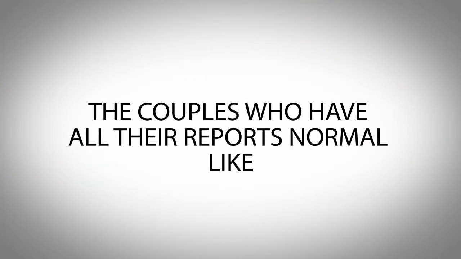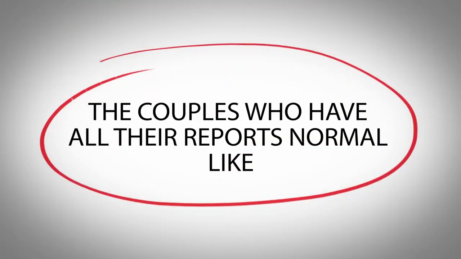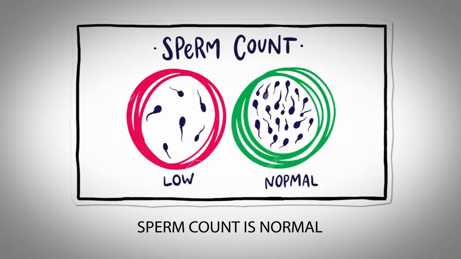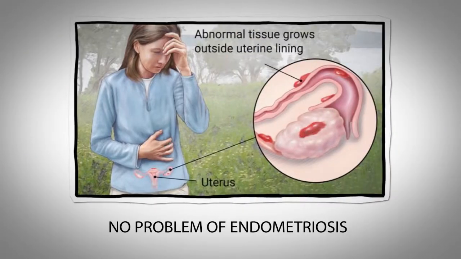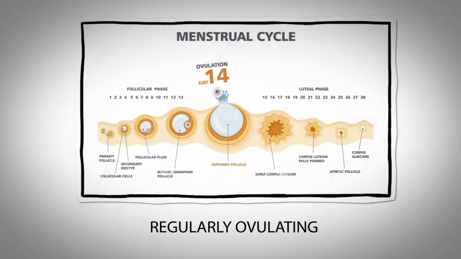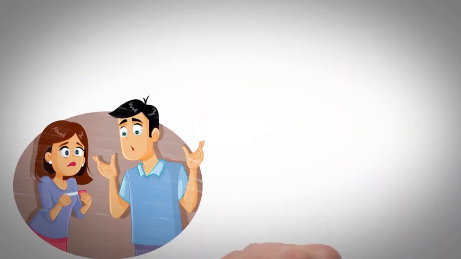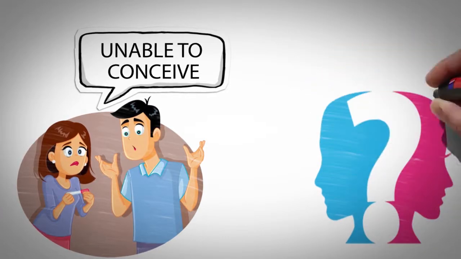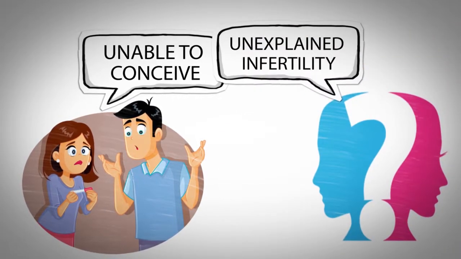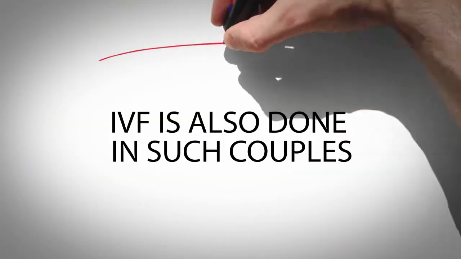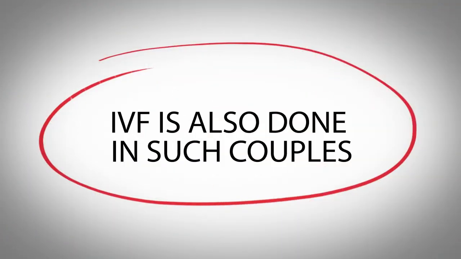The couples who have all their reports normal, like their fallopian tubes are normal, sperm count is normal, the woman has no problem of endometriosis and she is ovulating regularly, but they are unable to conceive. These couples are termed as unexplained infertility. IVF is also done in such couples.